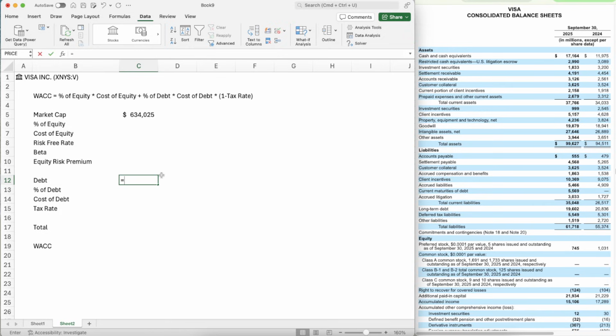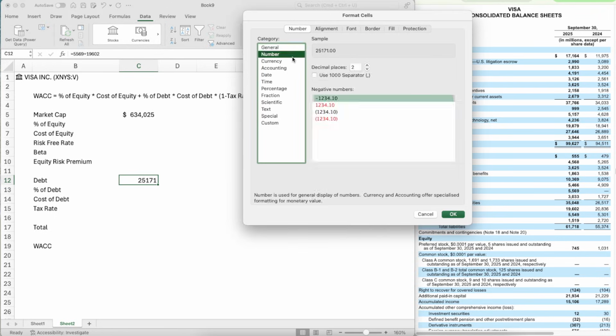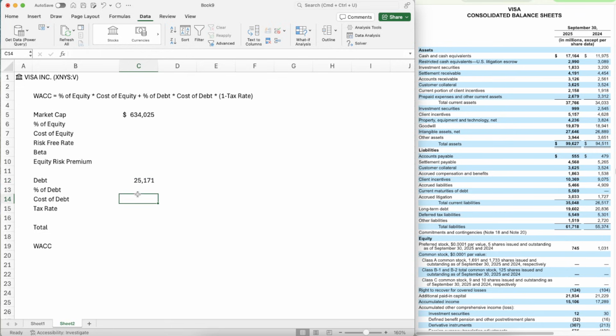So we add them together, 5569 plus 19602. There we have it. We want the sum of these now to find the total.